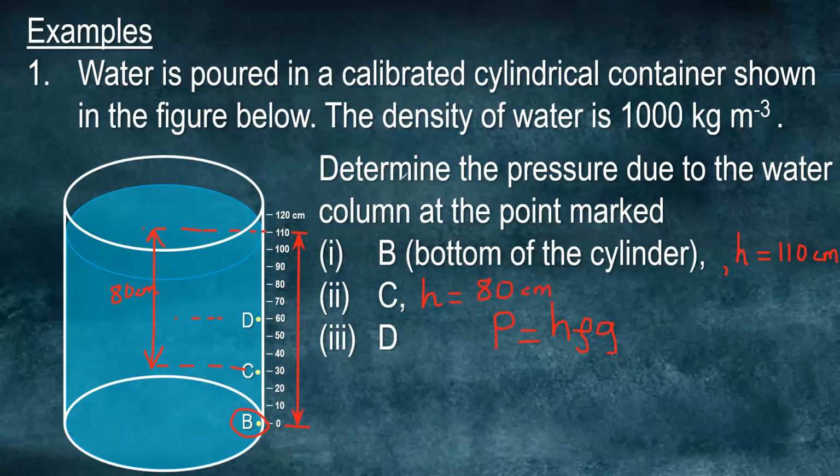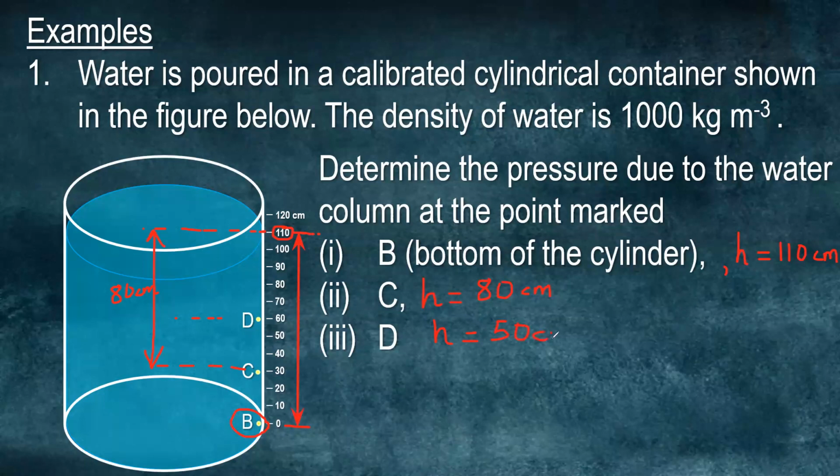And for Roman 3, we can clearly see that our H is going to be 110. 110 is the mark, that is a reading where the surface of the liquid is. So we are going to have 110 minus 60, giving us 50 centimeters.